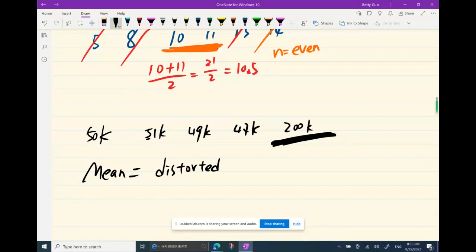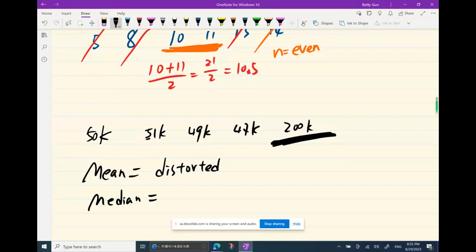If you are hired as an employee and you use the mean for your estimated salary, you will be disappointed because the mean will be bigger than what you are actually expecting. And so in this case, the median would be a better measure of center.